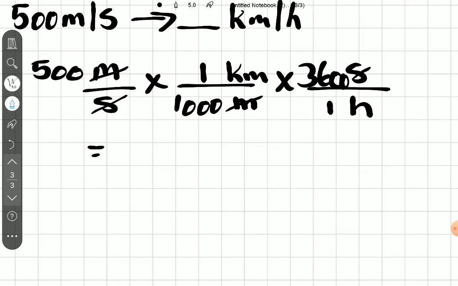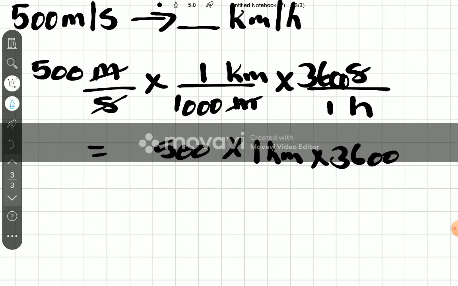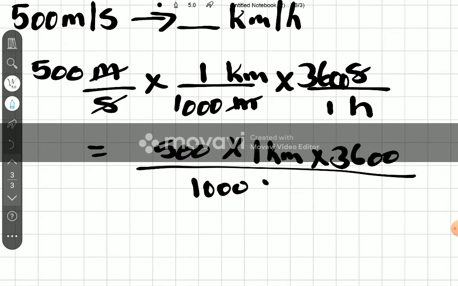So let's simplify now. So it would be 500 times 1 kilometer times 3,600, and we're going to divide by 1,000 multiplied by 1 hour.